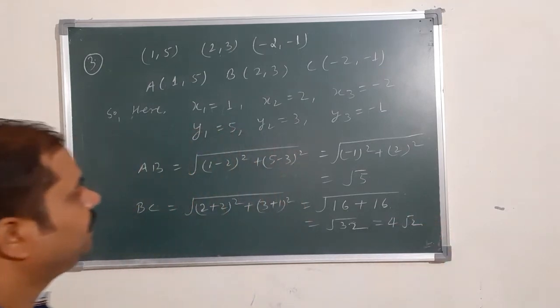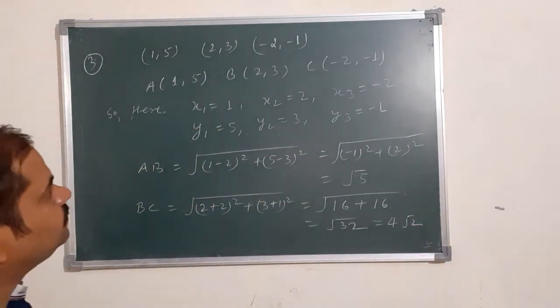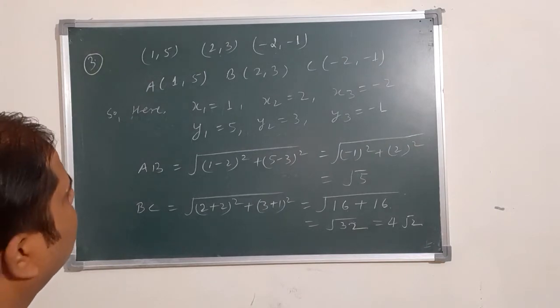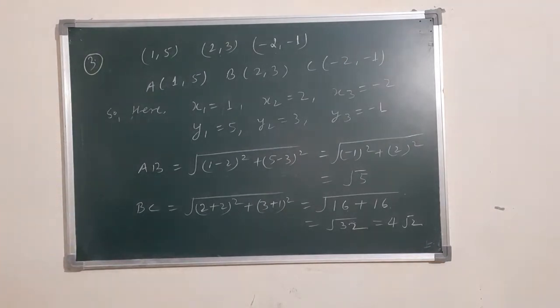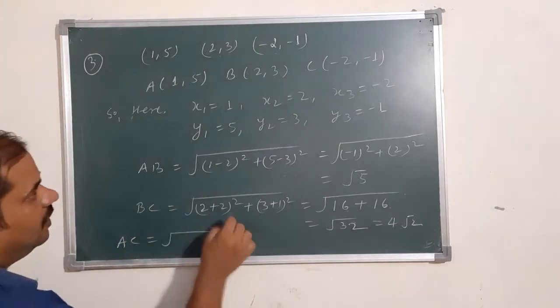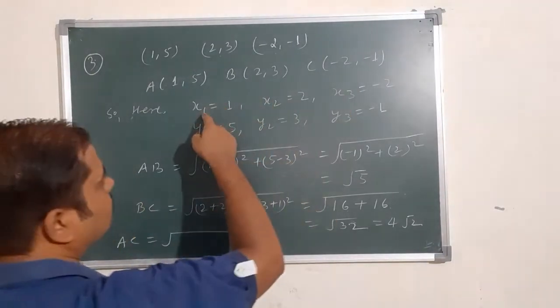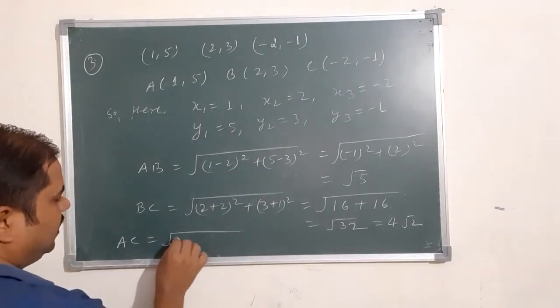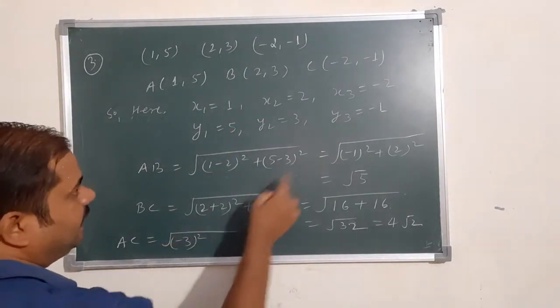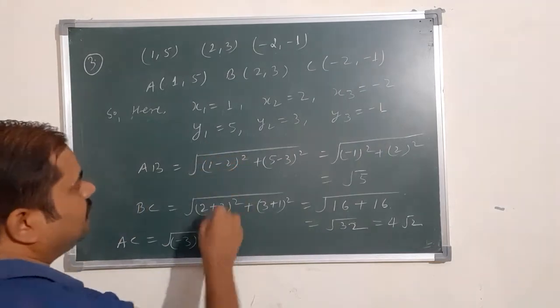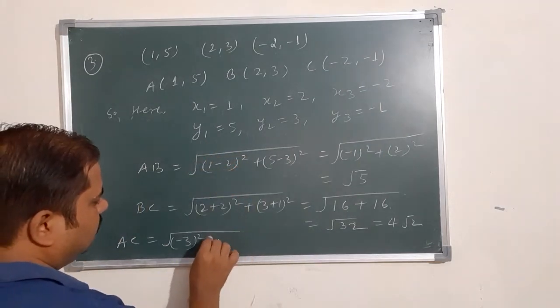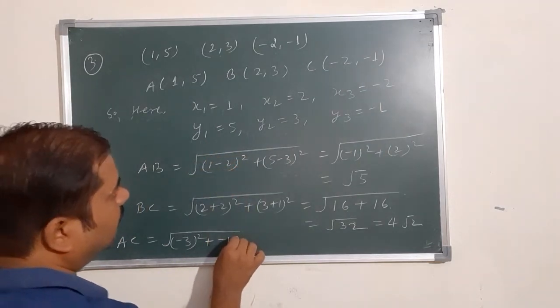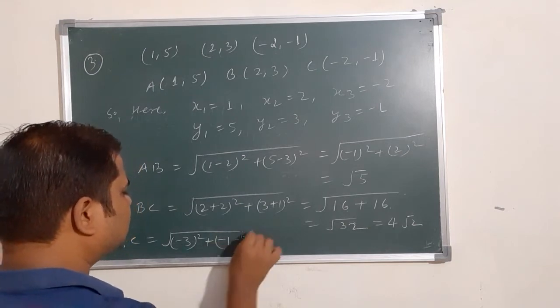Similarly, we find AC. AC is the root of (x3 minus x1) whole square, that is (-2 minus 1), which is -3, whole square, plus (y3 minus y1) whole square, that is (-1 minus 5) whole square.